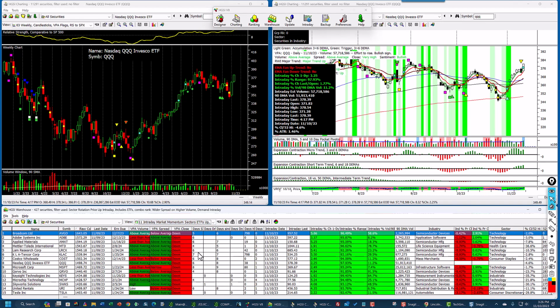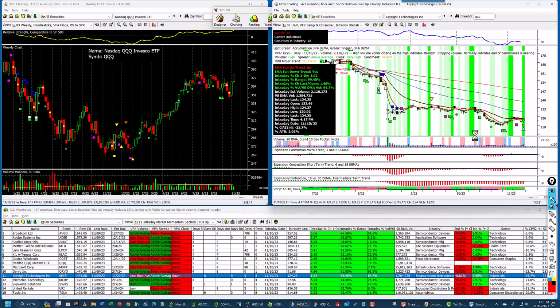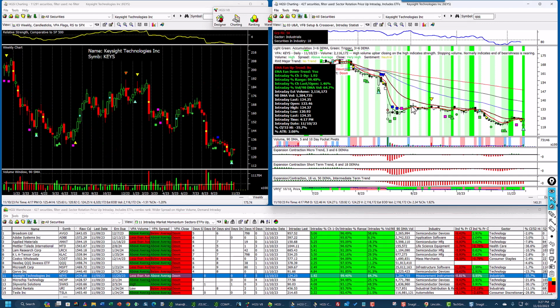Most of them crossed over several days ago, but here's one, Keysight Technologies. Don't know anything about it, but let's bring it up. Now I've got a chart up here. This is my undercut and rally chart. The dark green bars show where the 3 cross the 6, and the light green bars show accumulation.